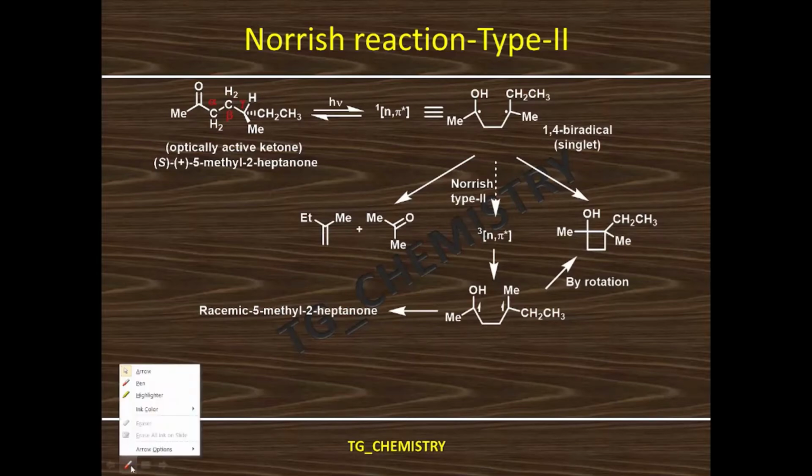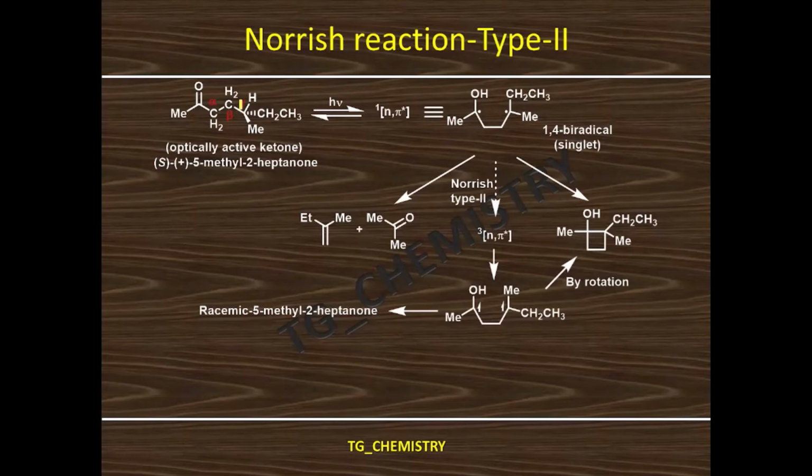So if I take a highlighter and you see the gamma hydrogen over here, this one will eventually be abstracted upon radical formation. The O dot can abstract that hydrogen, and we can have the carbon radical, which is the more stable 2-degree carbon radical here, and also here another carbon radical, which is the 3-degree carbon radical.